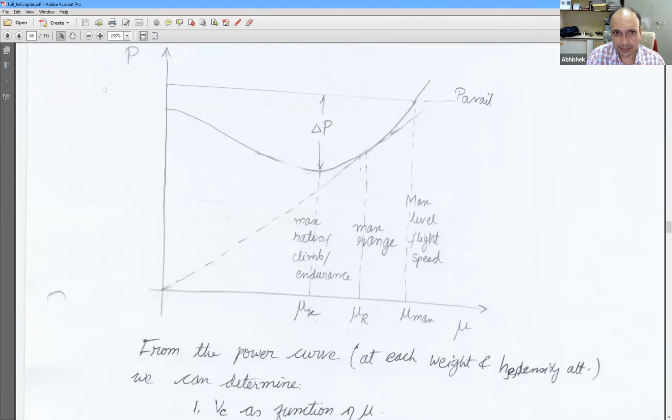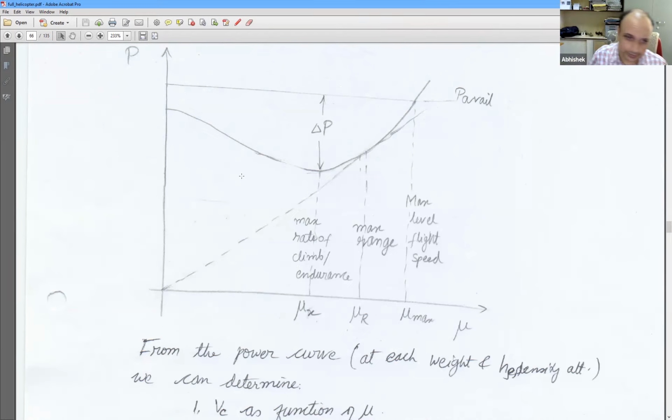Assuming that your height is not changing and you are doing steady level flight, your power available would be constant and the power required would vary like this power bucket. So we call this graph the power bucket for helicopters.